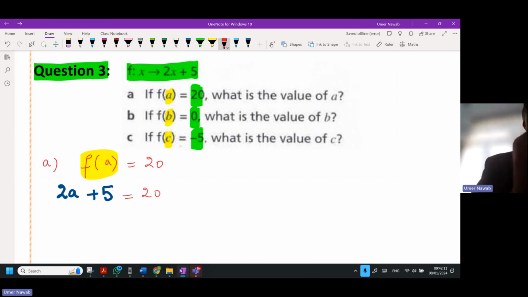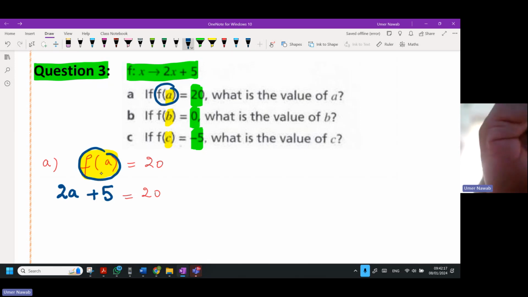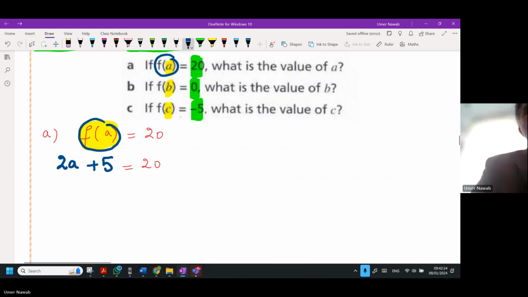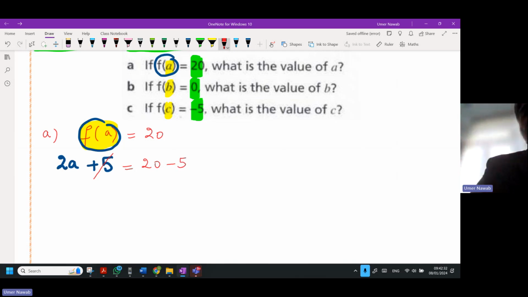Guys, try to understand. This is f of A. And f of A, how is it defined? 2 times A plus 5. Can I solve this equation? Very easy. When plus 5 goes to the other side, it turns into minus 5.